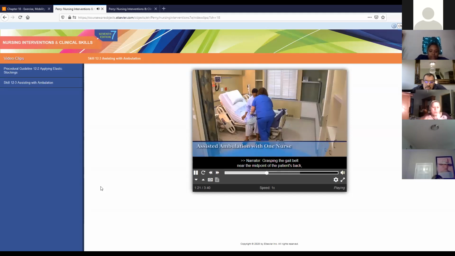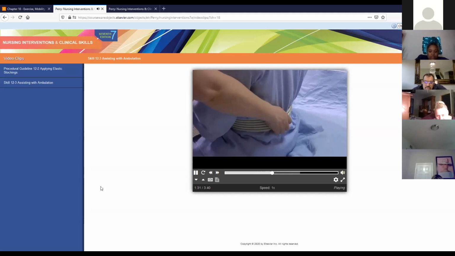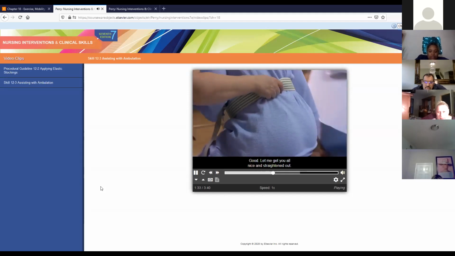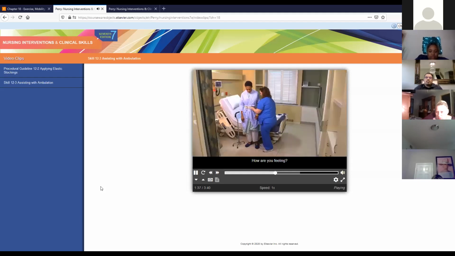Grasping the gait belt near the midpoint of the patient's back, help her to a standing position and observe her balance. Ask her again if she feels dizzy or lightheaded. And stand up. Good. Let me get you all nice and straightened out. How are you feeling? I feel fine. Dizzy or lightheaded? No. Good.